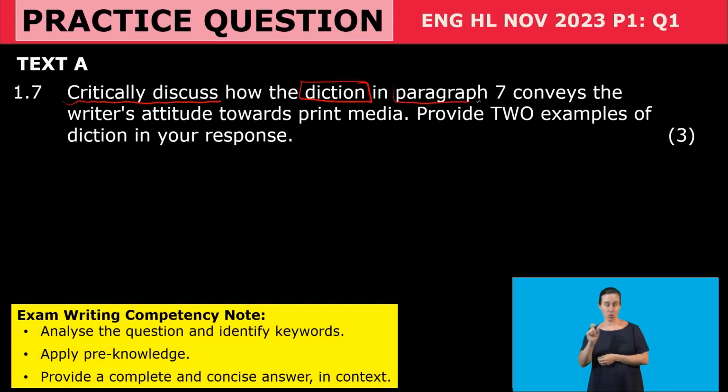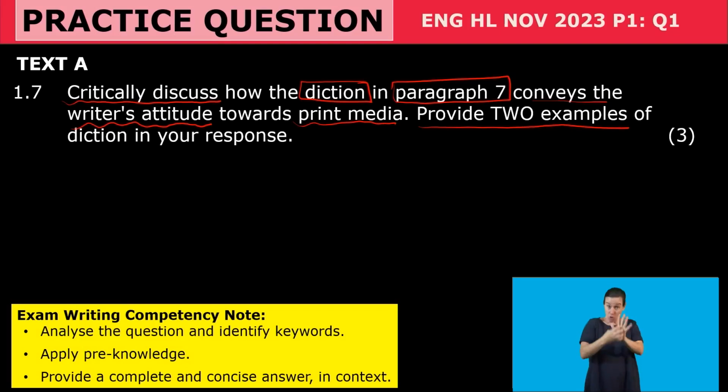The limit or the textual reference is paragraph 7. So critically discuss how the diction in paragraph 7 conveys the writer's attitude, grade 12, it's very important, towards print media. Then the next part of the question tells you to provide 2 examples of diction in your response.